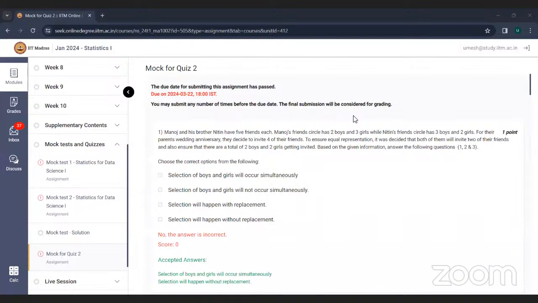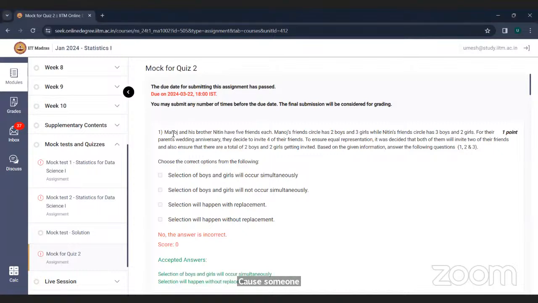How many solved this question? I solved this question. Okay, someone raised a hand. Ankit, I saw that, so that's why you asked.